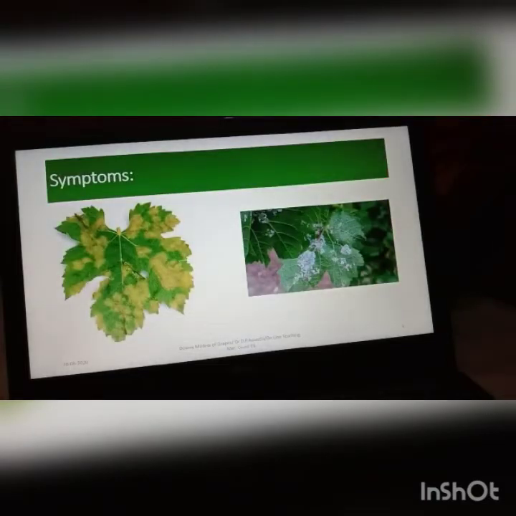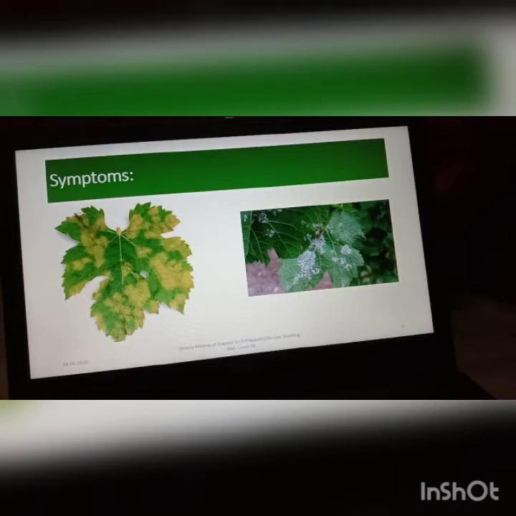Now this is the symptom. So we will study now about symptoms. Symptoms appear on aerial parts and tender parts of the vines. They are more pronounced on leaves, young shoots, and immature berries.